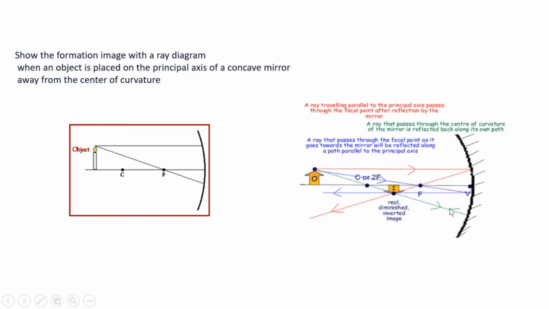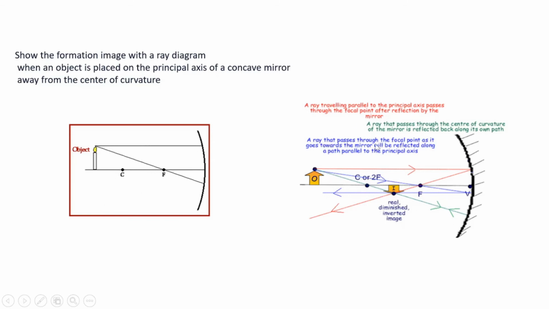It is not following another path; from where it has come, it is reflecting along the same path. This green ray is not passing through the focal point, it is passing through the center of curvature C. That's why it is reflecting back on the same path.